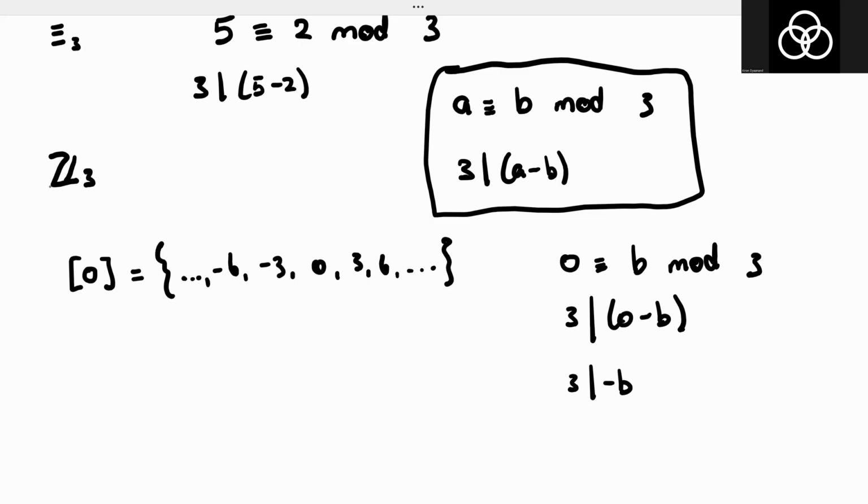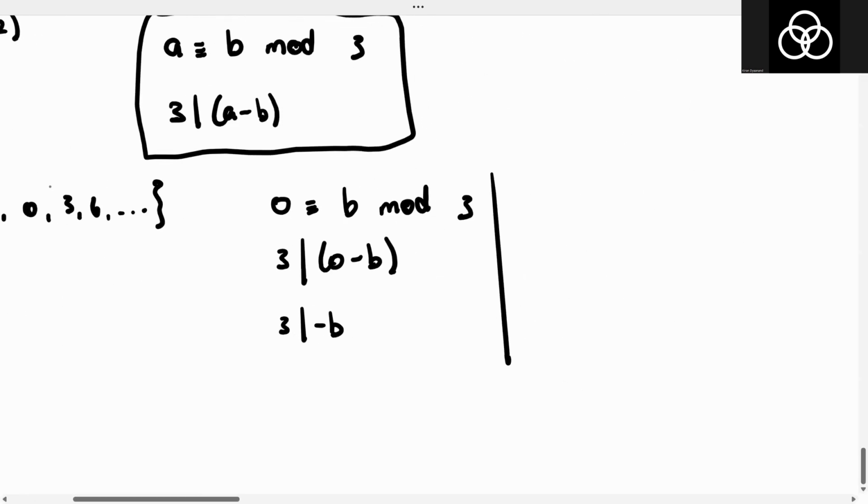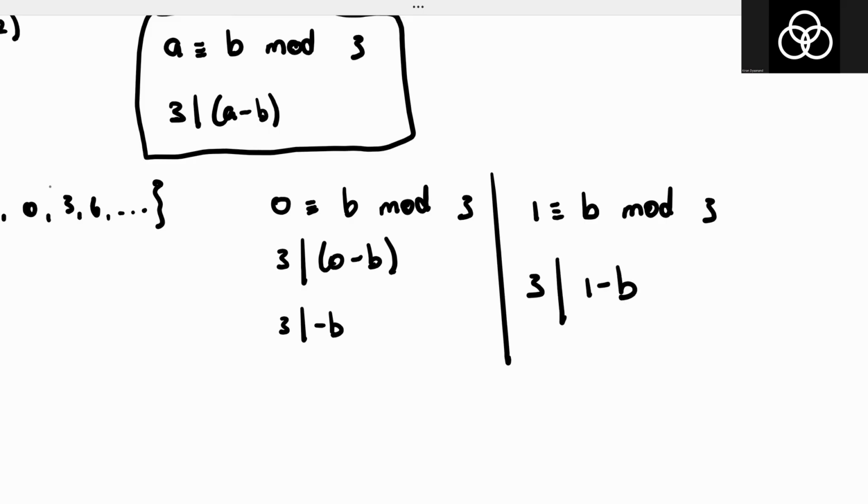So let's look at 1. If 1 is to be congruent to something, so now we're looking at 1, right? So 1 is congruent to B mod 3. So what do we need? 3 divides 1 minus B. But if you note something here, if 3 divides this, 1 minus B must be a multiple of 3.